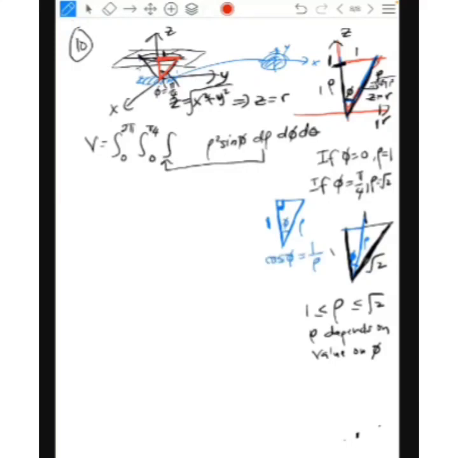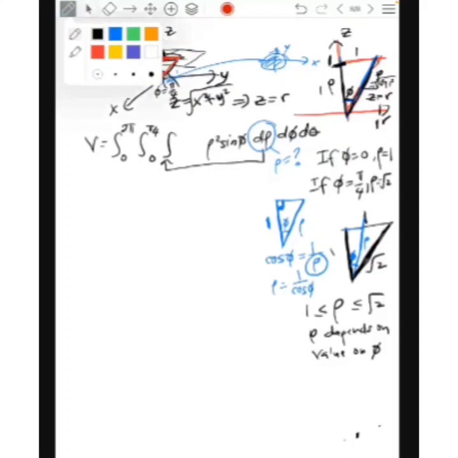Okay. Now we want the rho, right? Rho becomes the subject because this is the rho. So rho will be equal to 1 over cos phi. Okay, so our limit here is rho from 0 until 1 over cos phi. What is 1 over cos phi?